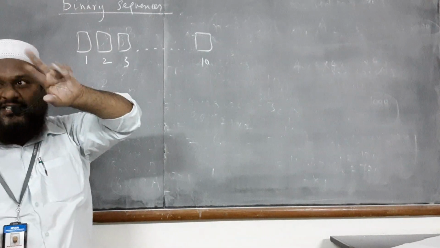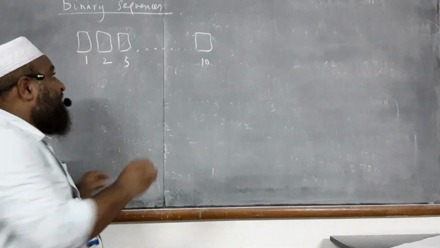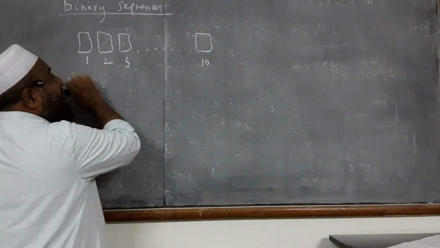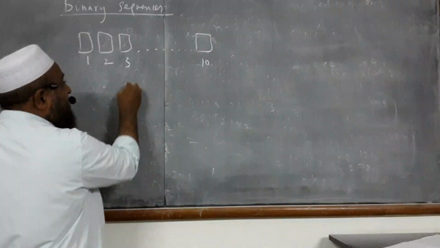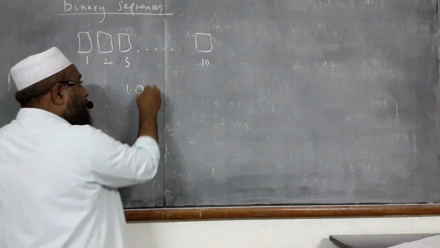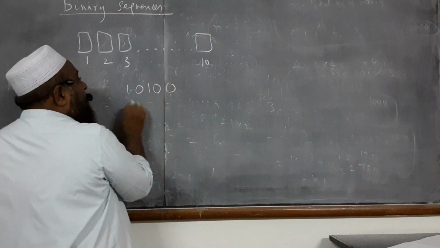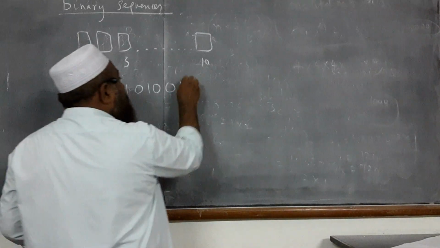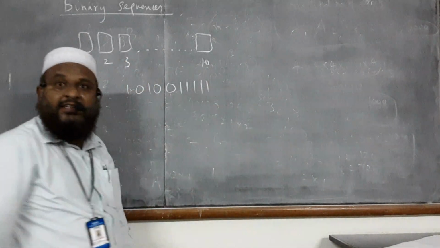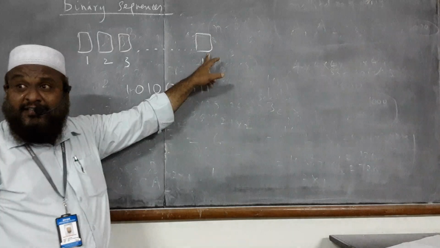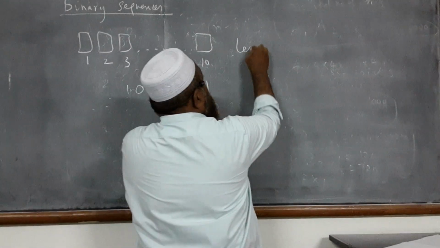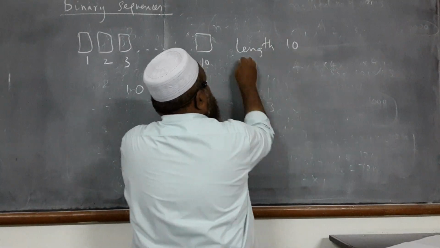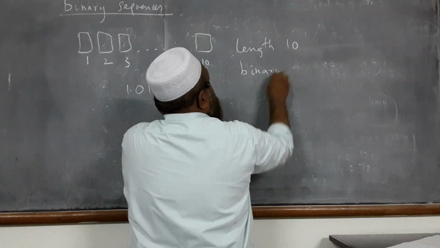That is, only 2 digits will be allowed. So one such possible sequence is 1 0, 1 0, 0, and how many have come here? 3 plus 2, 5. Remaining all 5 ones I will write. So it is a length 10 binary sequence.